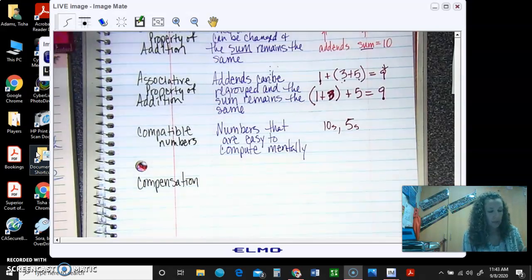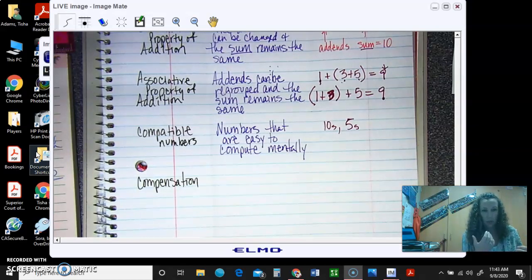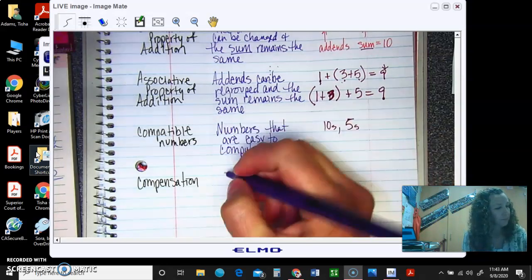Okay, so compensation is when you adjust one number of an operation to make computations, figuring out the math, being like a calculator, easier and balancing by adjusting the other number. A lot of words, kind of confusing. Let's get to the clarification part and it will make more sense.